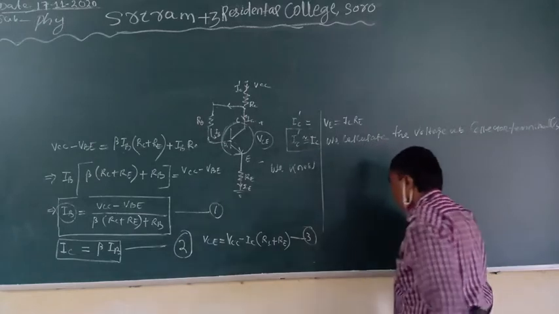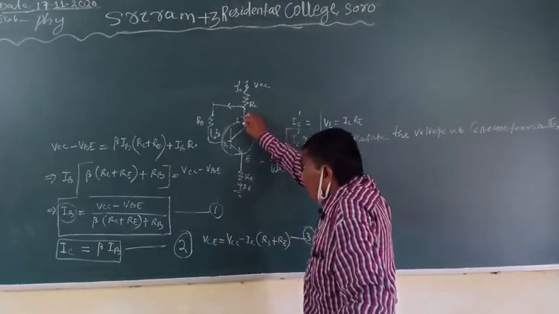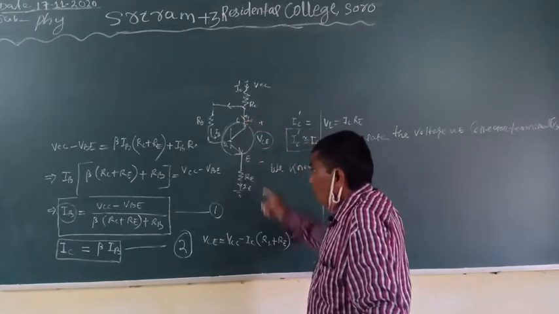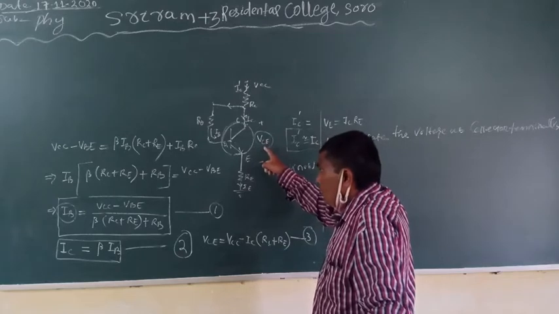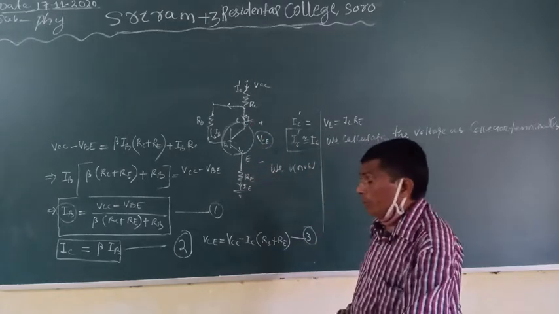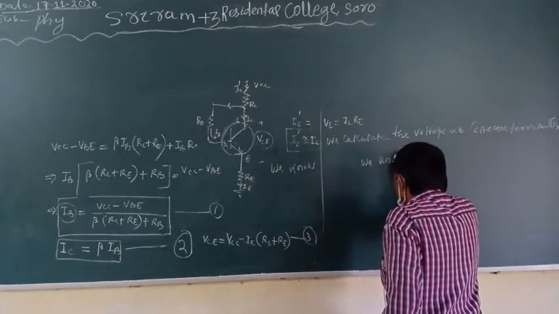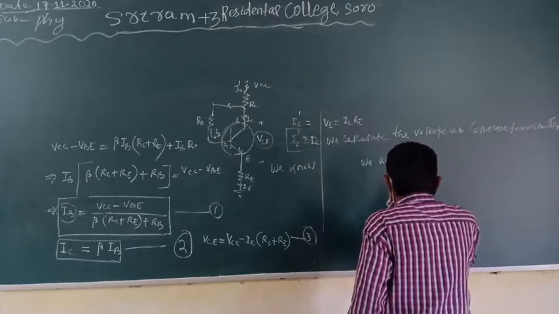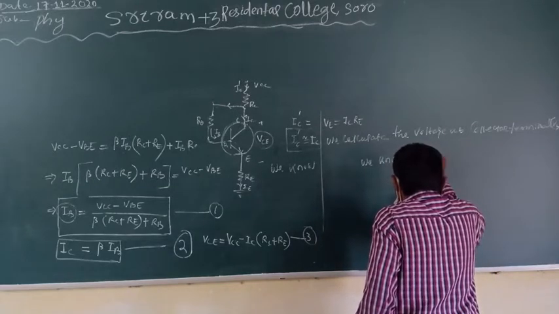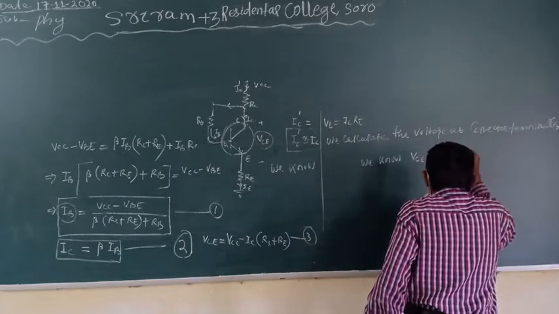VC means the voltage at that particular point. So we know VCE equal to VC minus VE.